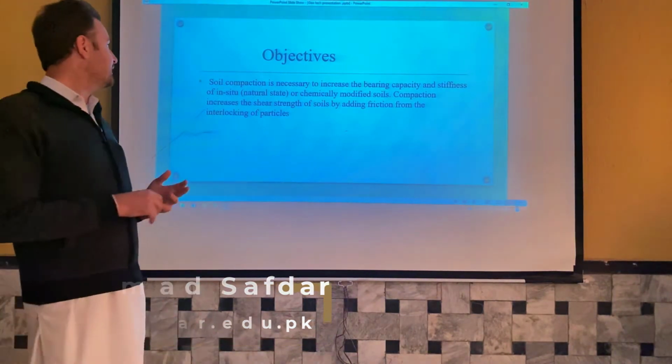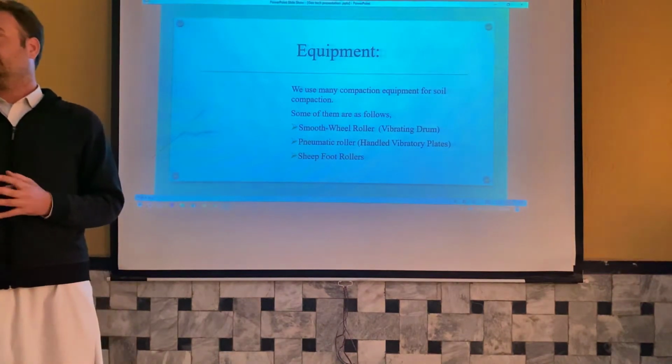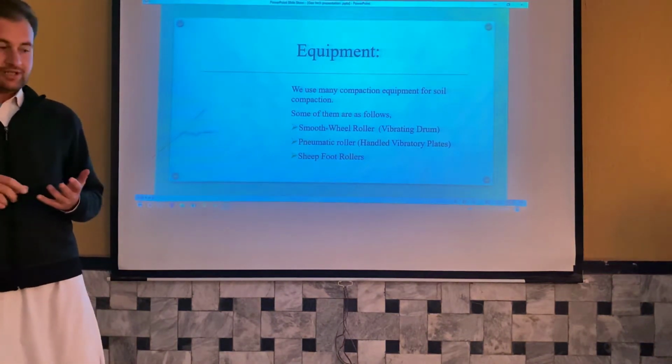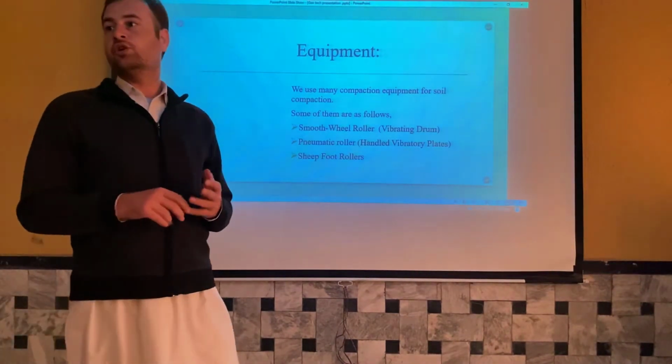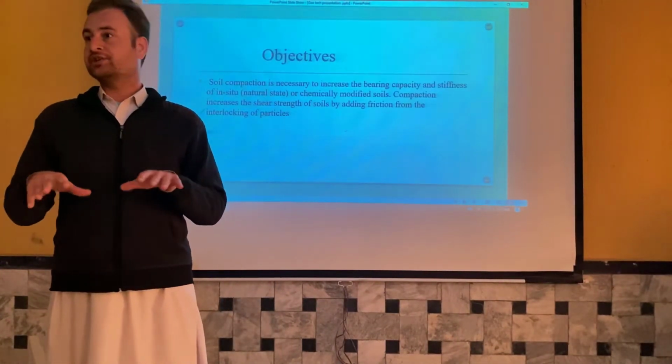The main thing on which this depends is the water content ratio and the optimum water content ratio. When the soil is too dry, we deploy trucks on it to increase its wetness.